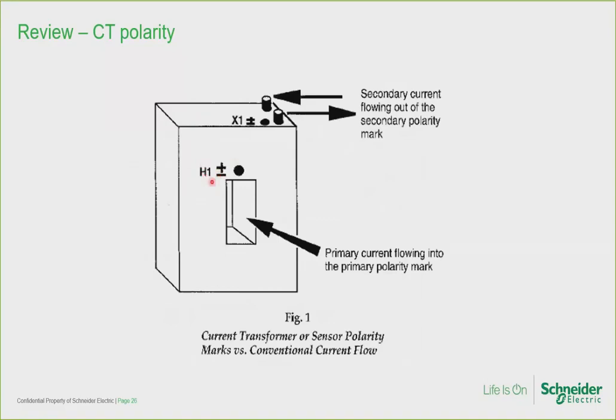Primary current flowing into the primary polarity mark causes secondary current to flow out of the secondary polarity mark, and vice versa.